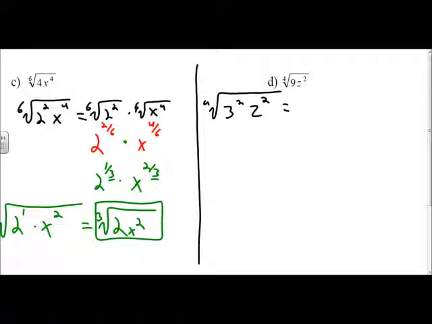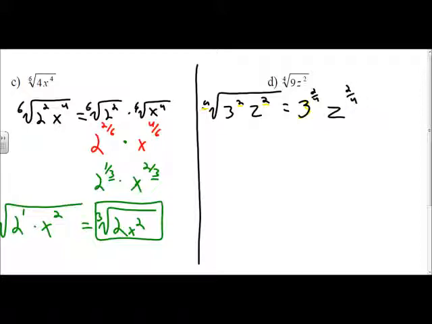So again, we can break this up if we want, or we can just directly go from the index of 4 and apply it to each of these. So we know that we have 3 to the 2/4 power and z to the 2/4 power.